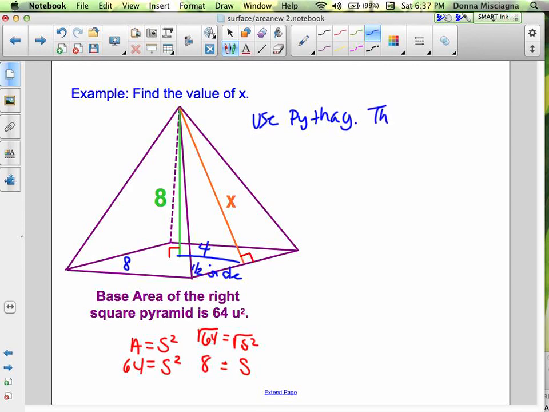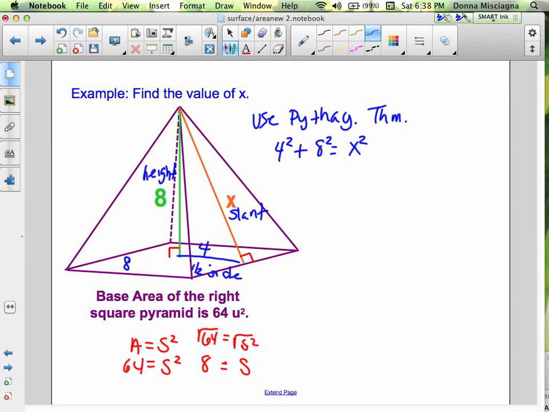I'm just going to abbreviate. We have, remember, the half side squared, so that's 4 squared, plus our height squared. I'm not going to write the formula again, but I will write what each of these things are. So that would be plus 8 squared equals x squared.